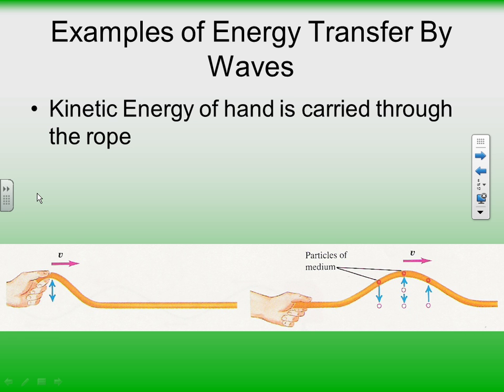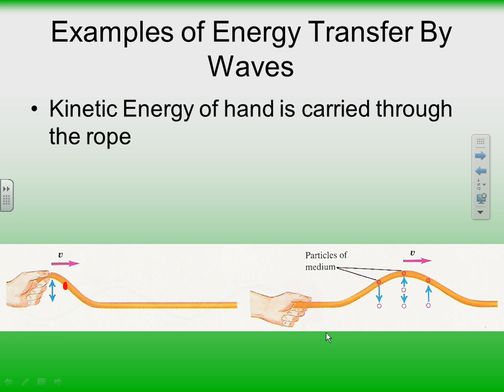But if we looked at the rope itself, which way does the rope itself move? If we put a little dot on this rope right here, we would see this dot go up and come back down, but where does it end up?